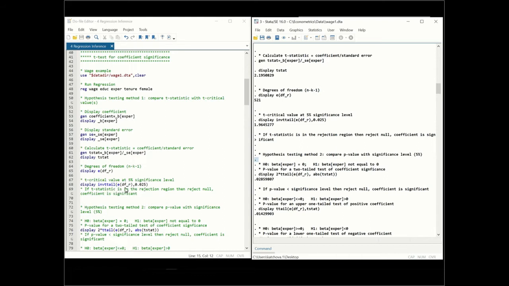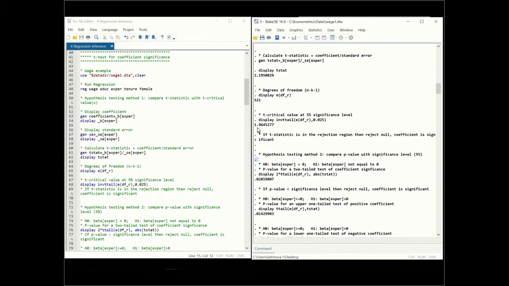Here we give it the degrees of freedom that we displayed above, and we are only leaving 0.025 in the tail because this is the 5% significance level split in two. If we display this value, it is exactly 1.96. This is the t-critical value with 5% significance level for a two-tailed test.